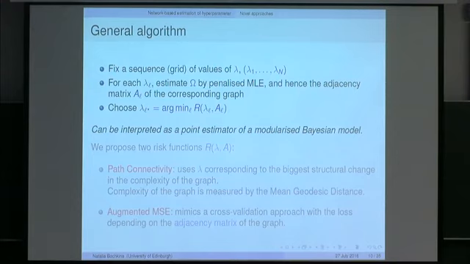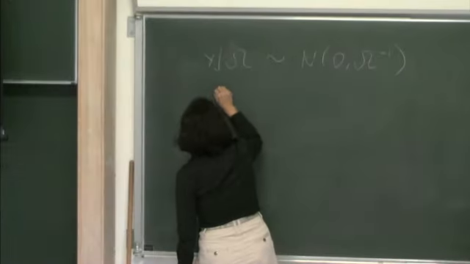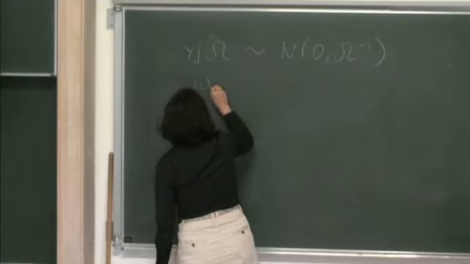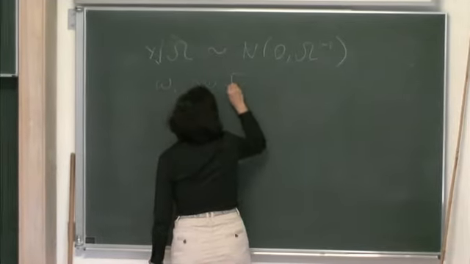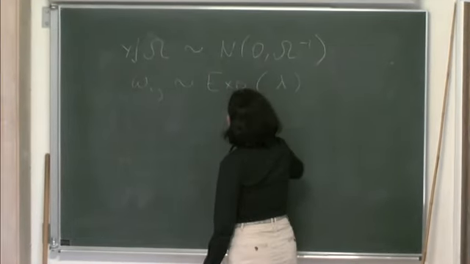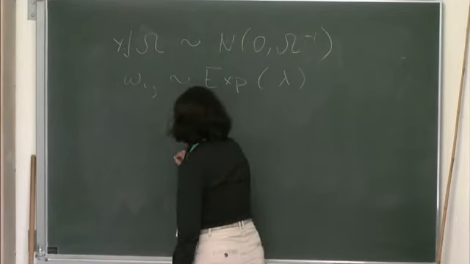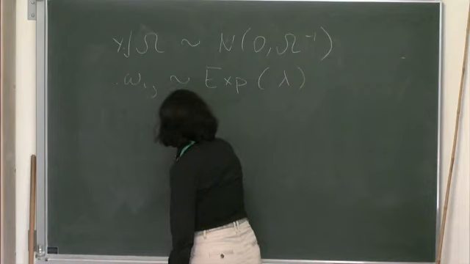So we have Y normal, say, 0 and omega inverse, and then we can write, for instance, the elements omega ij follow the exponential distribution, I think with parameter lambda, right? So in principle, it is a hierarchical model.